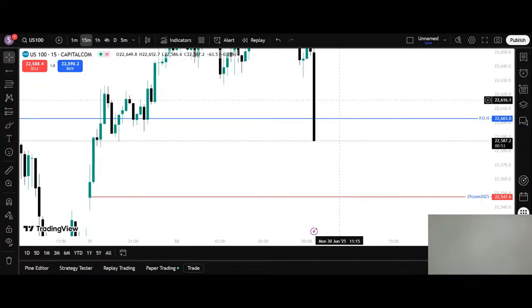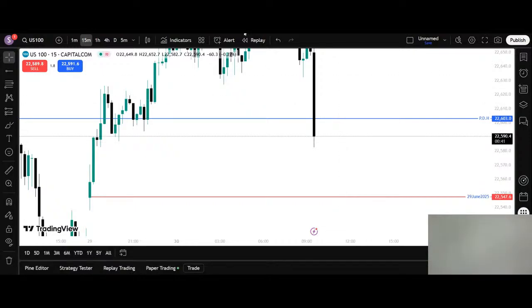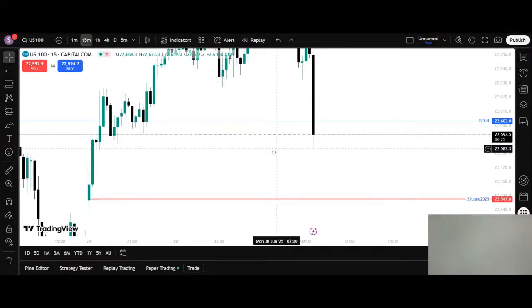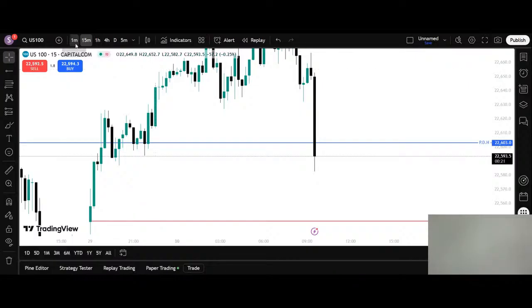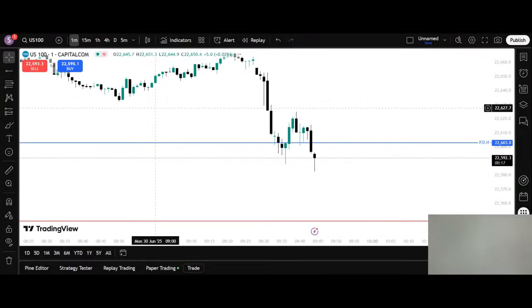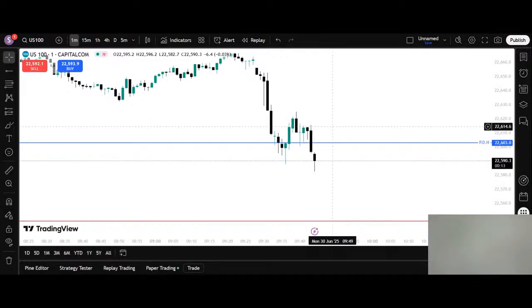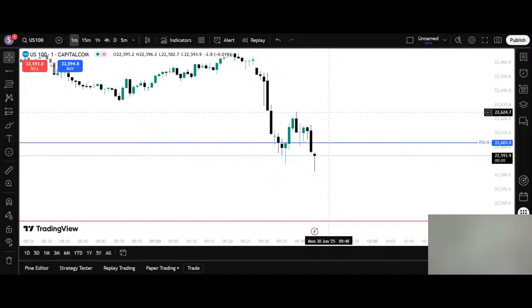Okay, 1 minute left now. That 15-minute candle has closed bearish.